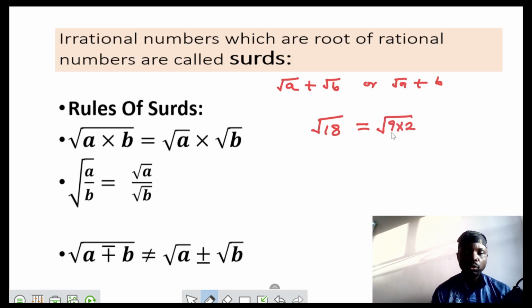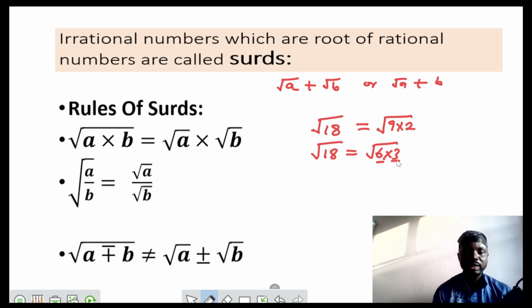The idea is that one of the multiples must be the highest perfect square that you can break that number into. Root 18 can also be broken into 6 times 3, but neither of these multiples is a perfect square. So you have to target one of the multiples to be a perfect square.